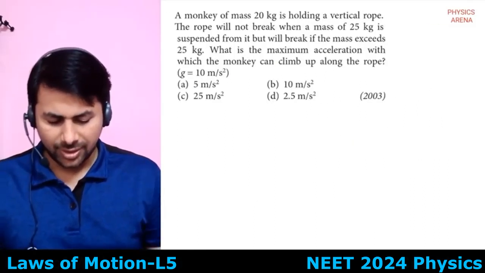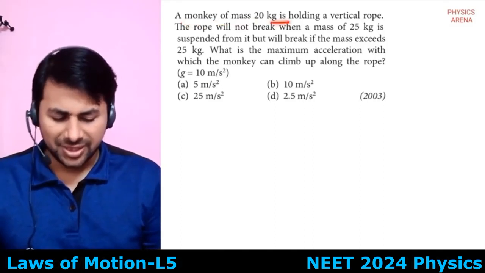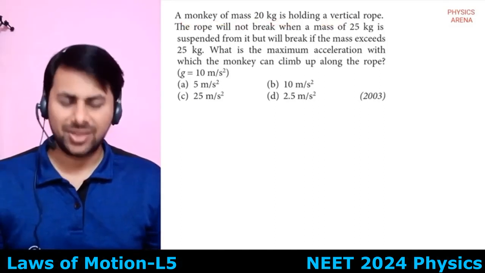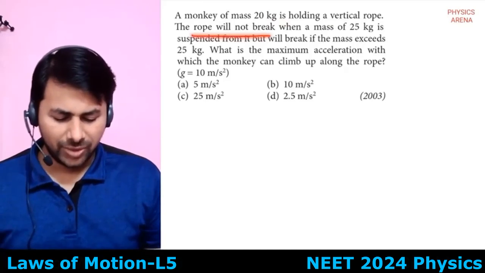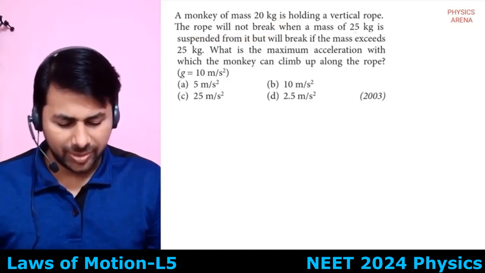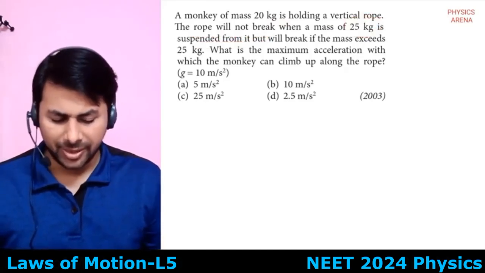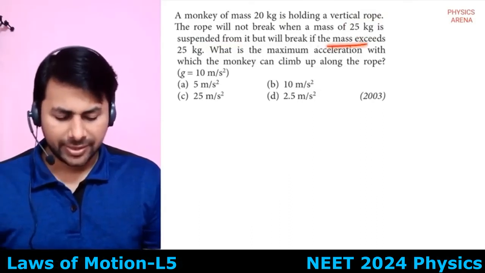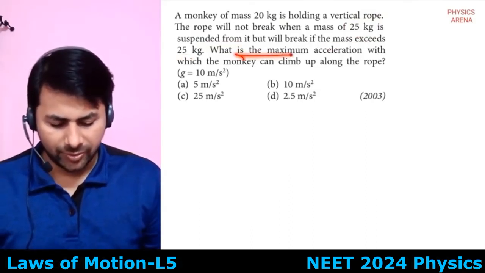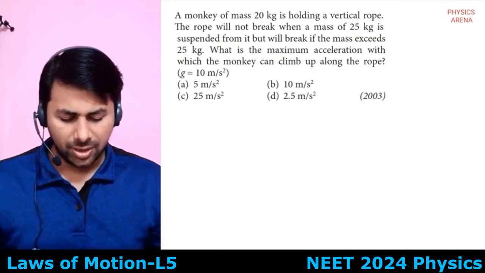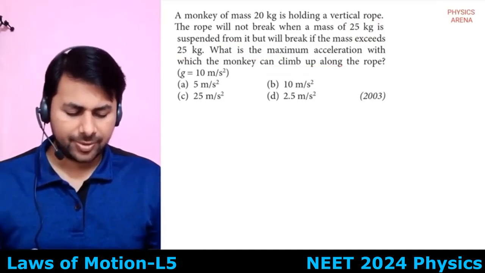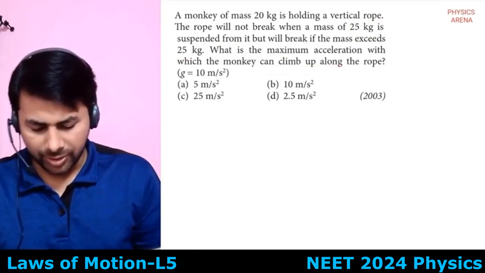All right, next question. A monkey of mass 20 kg is holding a vertical rope. The rope will not break when a mass of 25 kg is suspended from it, but will break if the mass exceeds 25 kg. What is the maximum acceleration with which the monkey can climb up the rope? So what will you do?